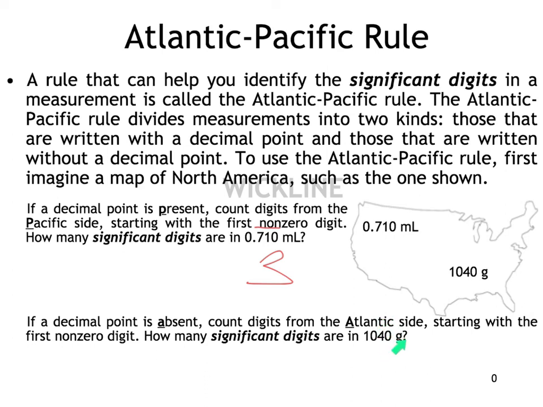You do something really similar to what we just did, only you start from the right-hand side, the Atlantic side. You start moving in to count the digits, but you skip any zeros and start with the first non-zero. That's a 4. So 1, 2, 3. That means that we have 3 significant digits in that value.